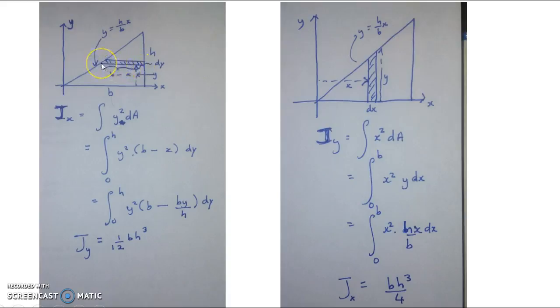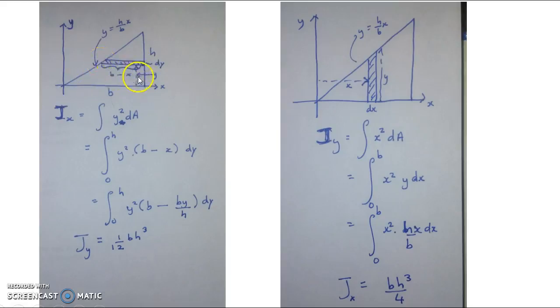So looking at this point here, this point on the line y equals h over b x, this point would have coordinates x, y, right? Now the x coordinate of this other point would be b. So clearly the width of my strip could be expressed as the total length b minus the distance to this point, which is x.